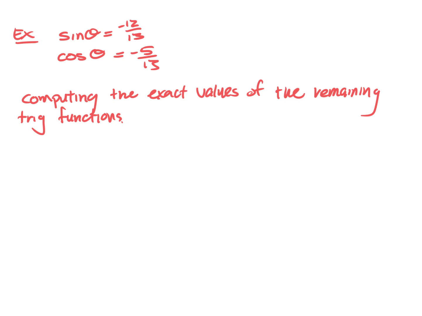Now, remember, we have that quadrant 1, they're all positive. Quadrant 2, we're doing all students take calculus. Sine is positive. Quadrant 3, take for tangent, and then quadrant 4, calculus for cosine.